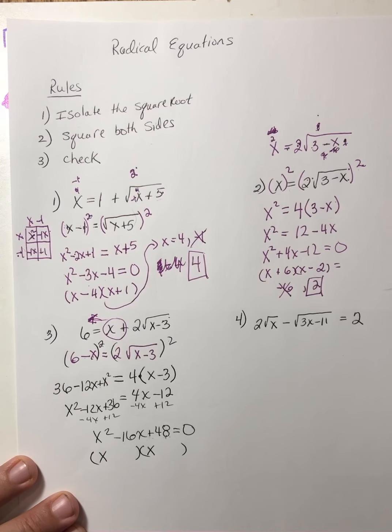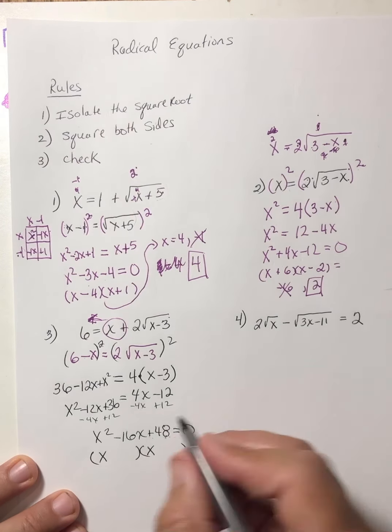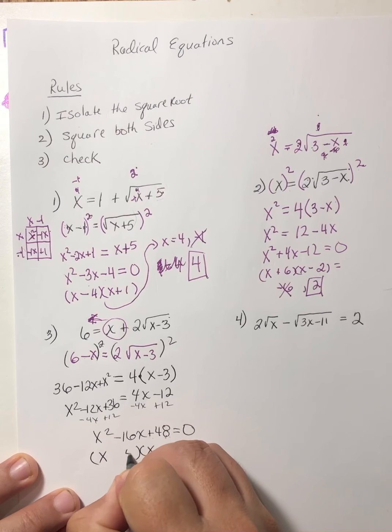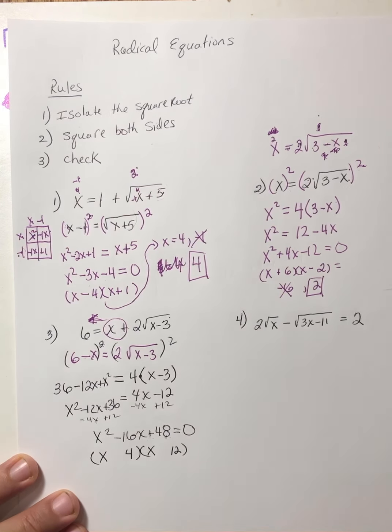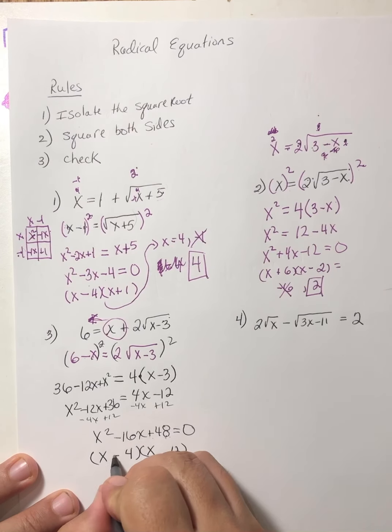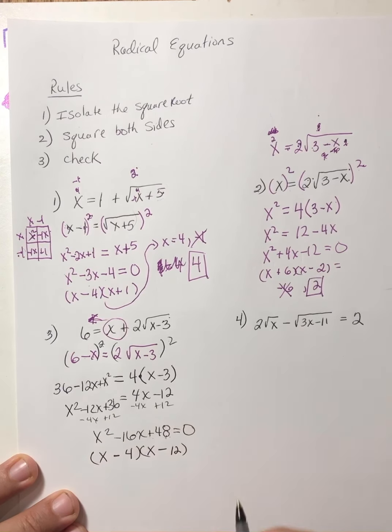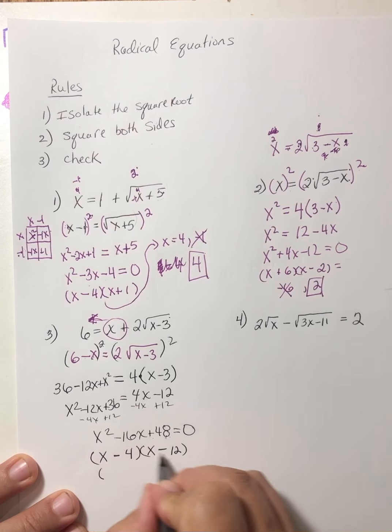No, 3 times... Four times 12. 4 and a 12. Oh, I had to think about that one for a minute. All right, both negative. 4 times 12 is 48. And they add up to 16.